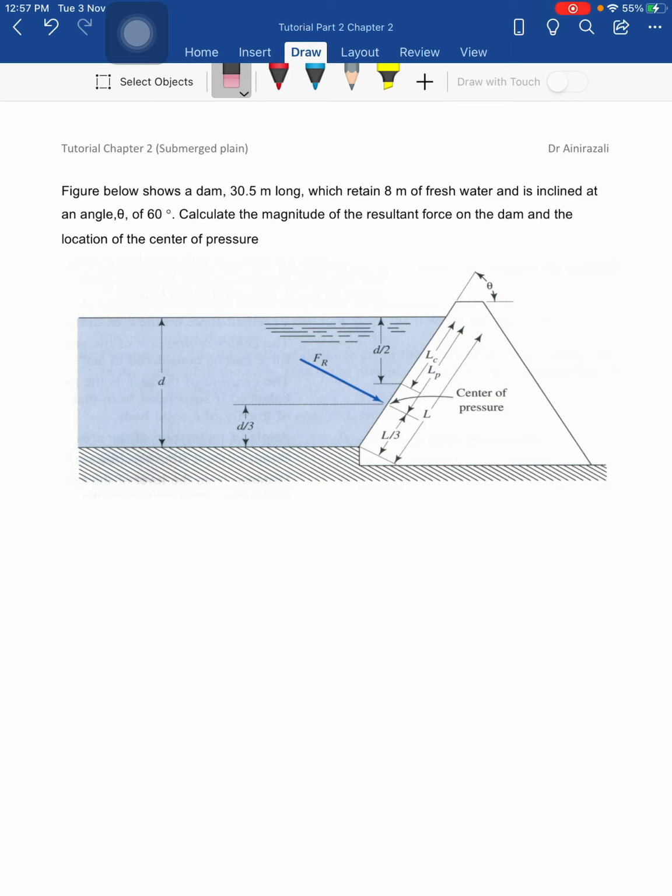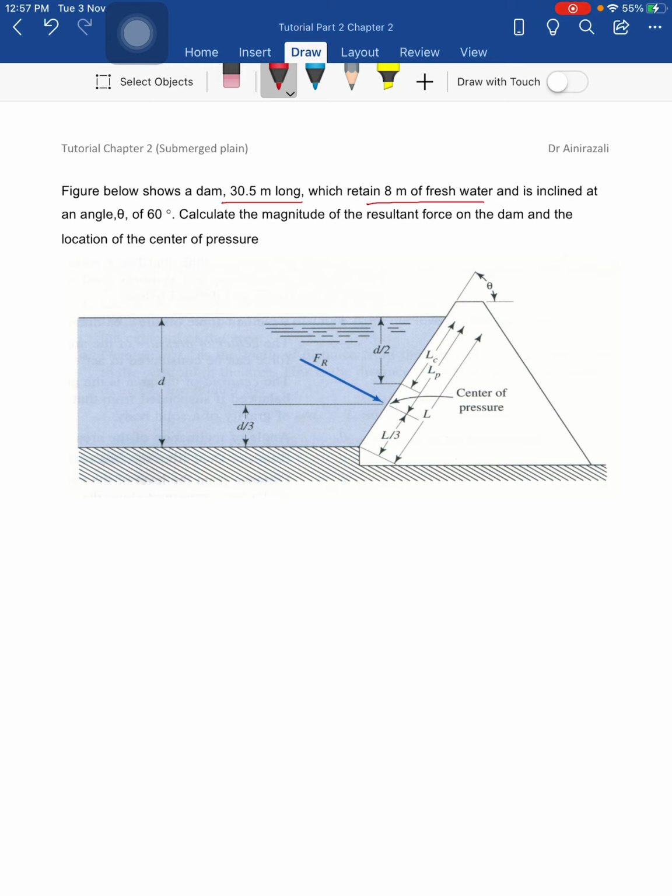Now I will show you the tutorial for chapter 2 part 2. For this question, the figure below shows a dam 60.5 meter long, which retains 8 meter of fresh water.